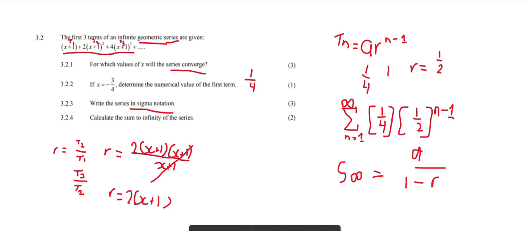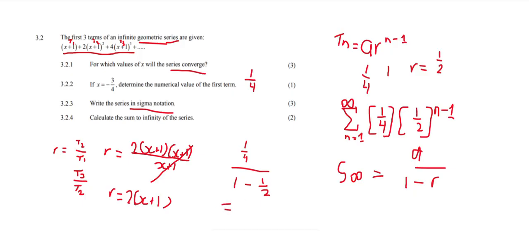Our a we established was 1 over 4, so 1 over 4 divided by 1 minus, and our r we said was half. Put this in the calculator.